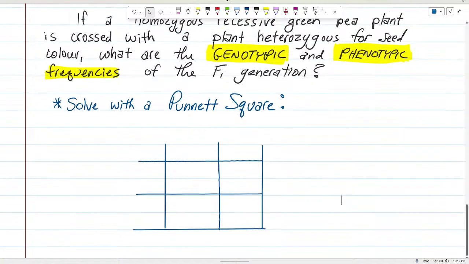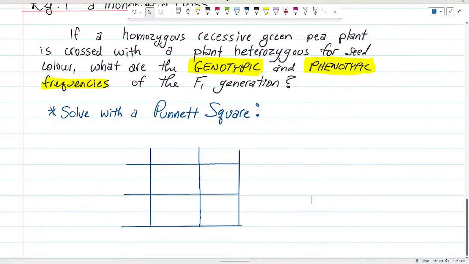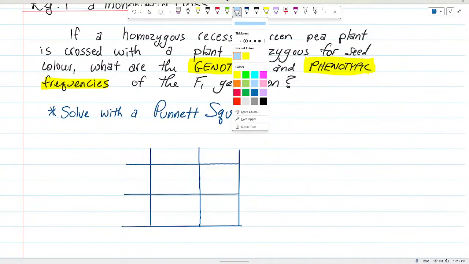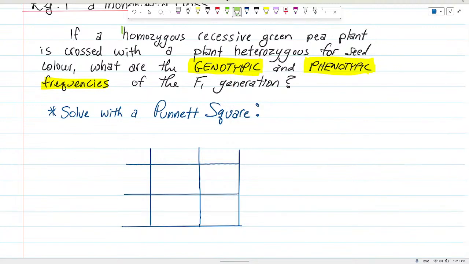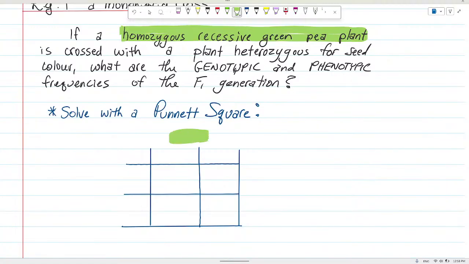So in this case, we have 2 plants that we're crossing. It doesn't matter which is which at all in this case, but we have a homozygous recessive green plant, and then we've got a heterozygous yellow seed plant.